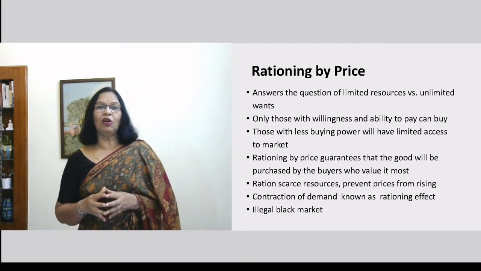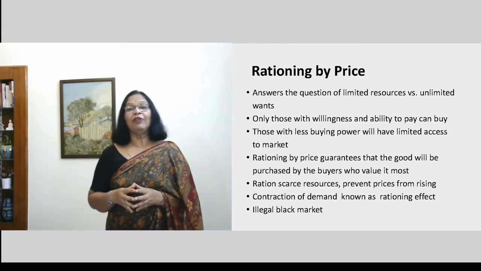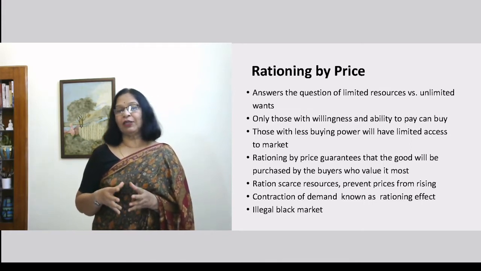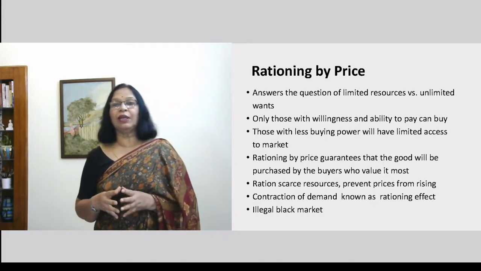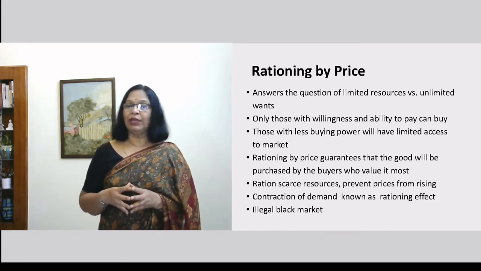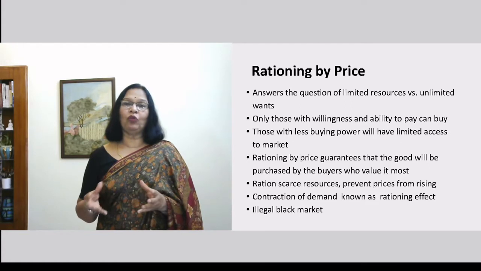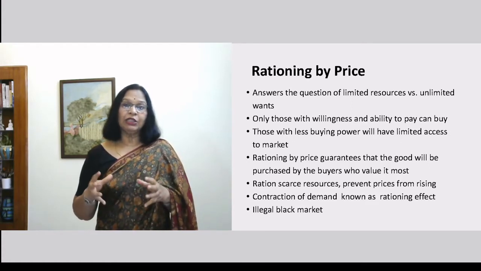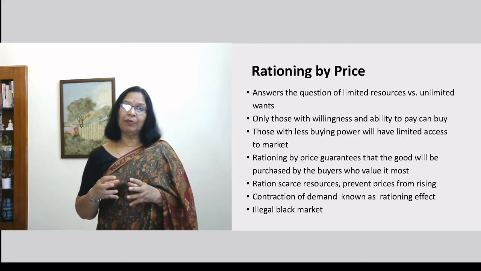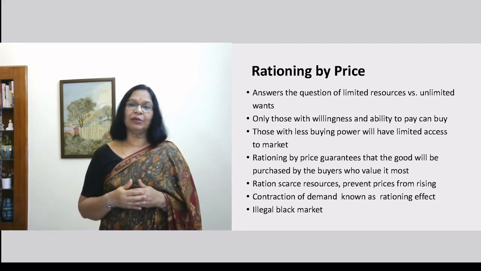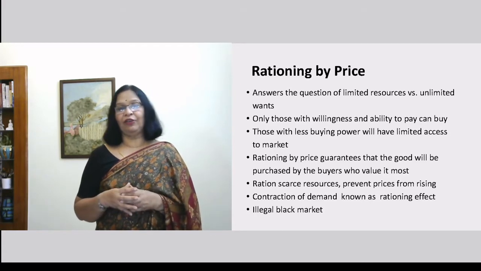Now, rationing of scarce resources prevents prices from rising. Otherwise, there is a tendency for prices to rise, and those who do not have adequate purchasing power will not be able to get them, and they could be deprived of food or whatever essential commodity it is. This contraction of demand by some people withdrawing from the market because of the rationing system is known as the rationing effect.